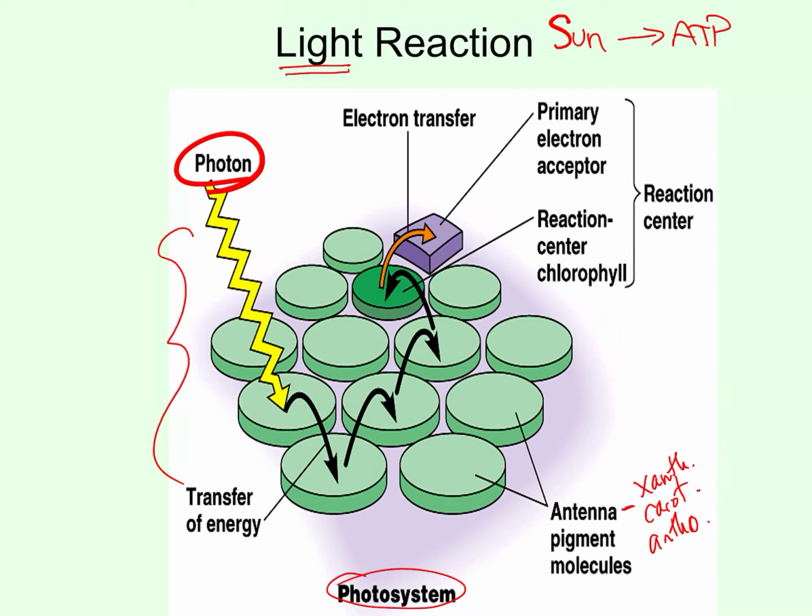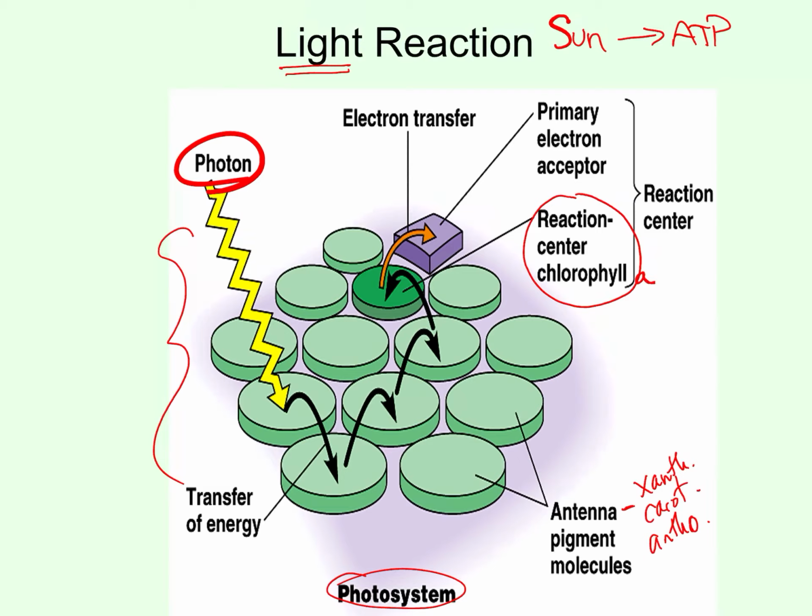So these antenna pigments are around, but we want to pay special attention to something called the reaction center chlorophyll. Just by where it is in the middle, and it has to be chlorophyll A, I'm going to add a little A here. What happens is when the sun hits this photosystem, every single pigment is going to pick up that light. And I just finished telling you in the first part that all pigments absorb certain wavelengths of light.